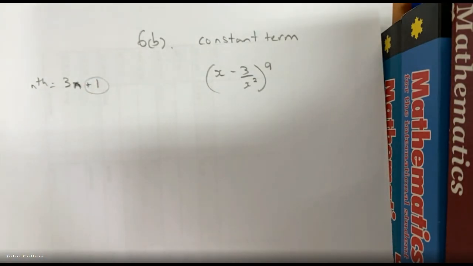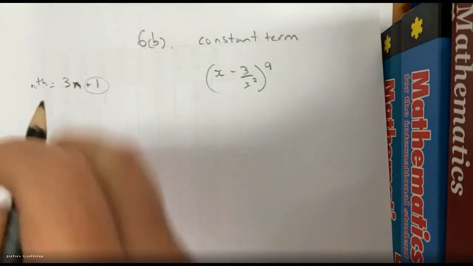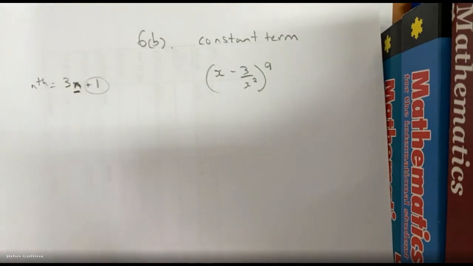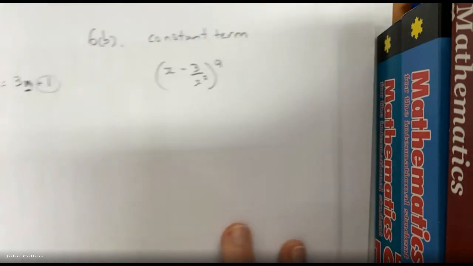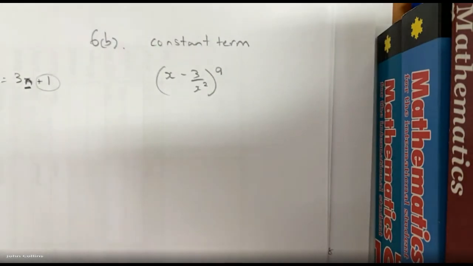It doesn't change. It will always be adding 1 no matter what the term is. So it's a constant. It's not affected by a variable, which varies depending on which term it is in the sequence. So the constant term in this case cannot have any x's with it.